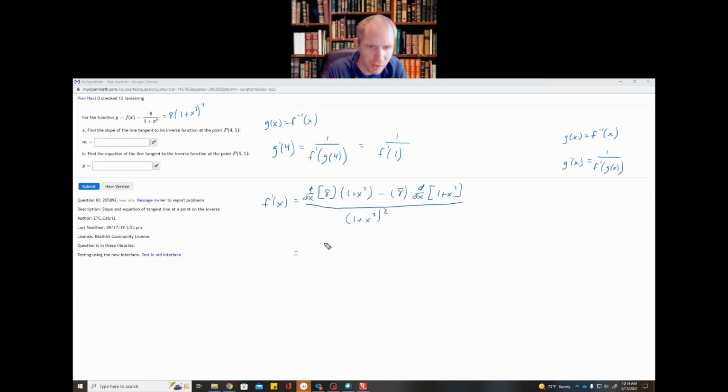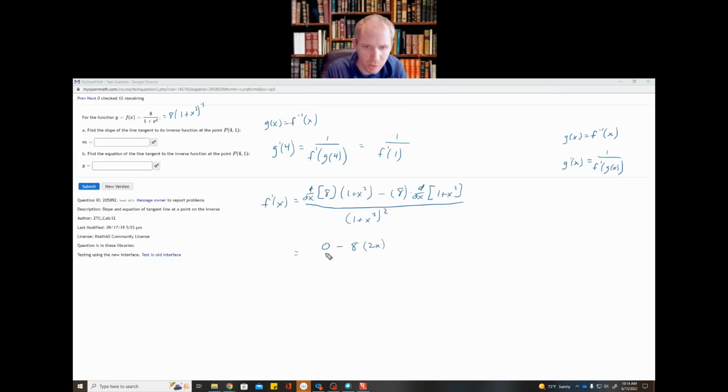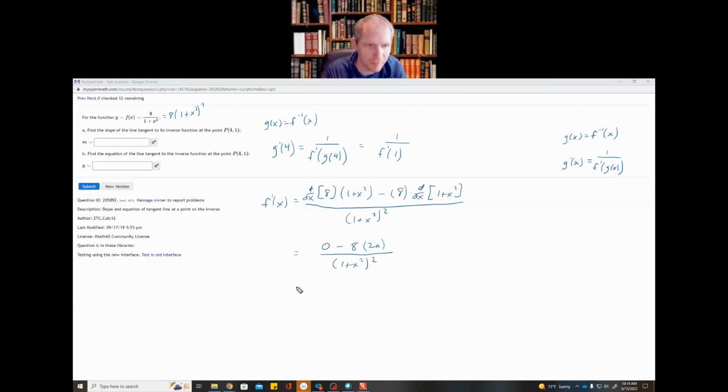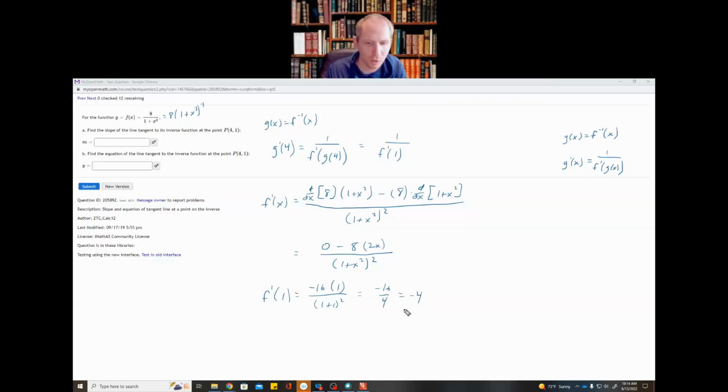The derivative of 8 is 0, so I just get 0 minus 8 times, and the derivative of 1 plus x squared is 2x. Okay, so f prime of 1 is negative 16 times 1 over 1 plus 1 squared. 2 squared is 4. So I get negative 4 as the slope of the tangent line. So they have negative 1/4. Did I mess that up?